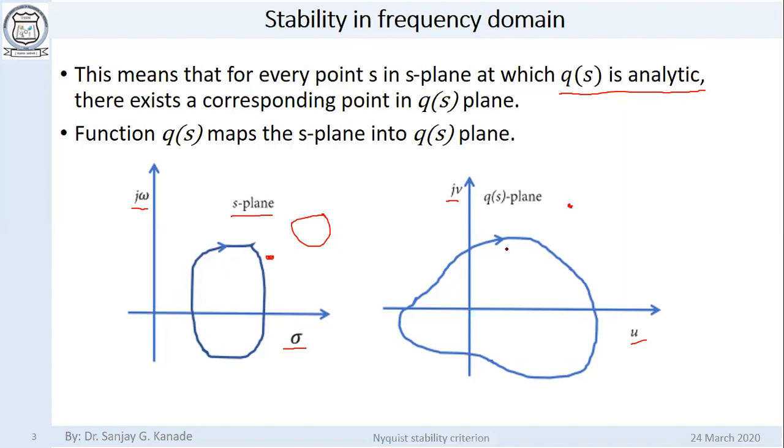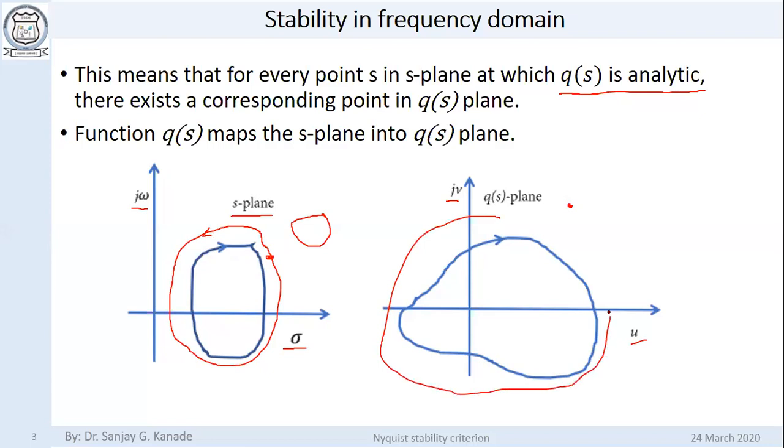This is one important thing to understand before understanding the Nyquist criterion. If this contour takes an inverse or anti-clockwise direction, then there will also be a contour in the Q(s) plane which will take an anti-clockwise direction, and again the traversing will be 2 pi or minus 2 pi.